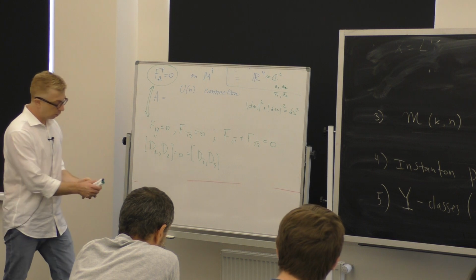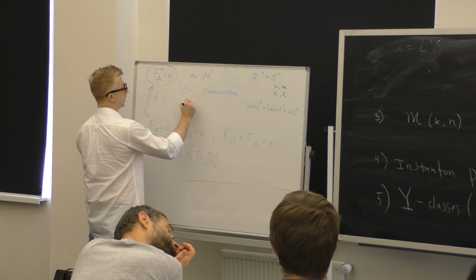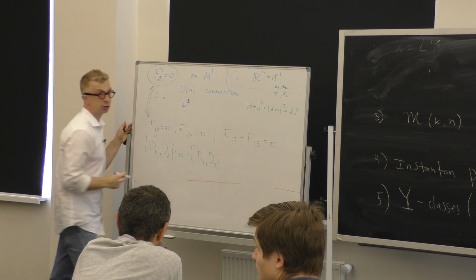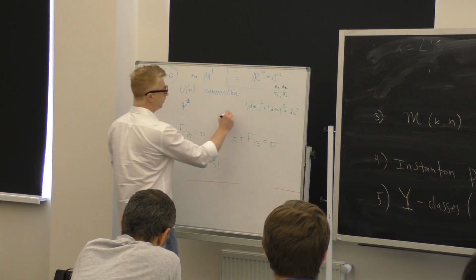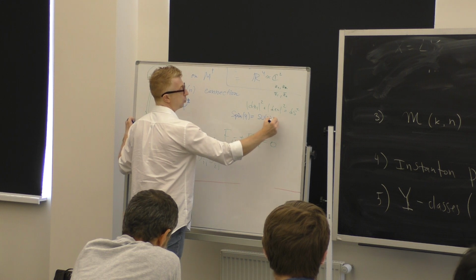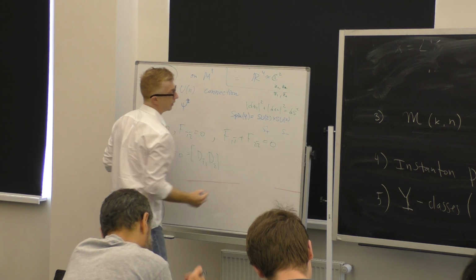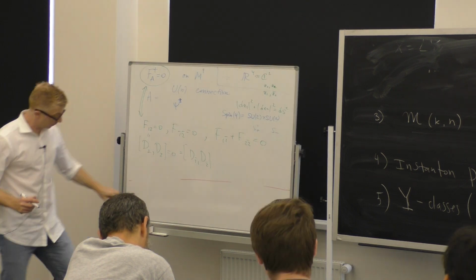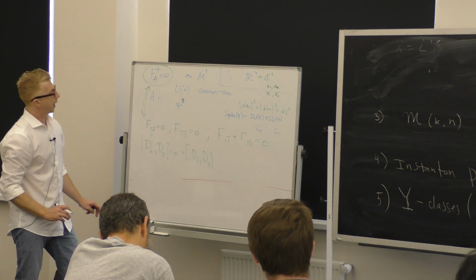Now, explicitly, my spinors psi plus and minus have two components. These are two-dimensional representations of the spin cover of the Lorentz group. The Euclidean Lorentz group Spin(4) is a product of two SU(2) groups, and the bundles S plus and S minus correspond to the two-dimensional representations of the left and the right SU(2) factors.